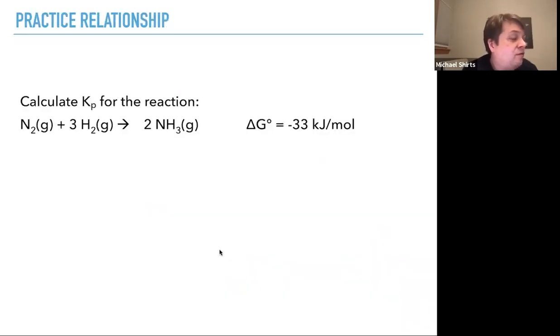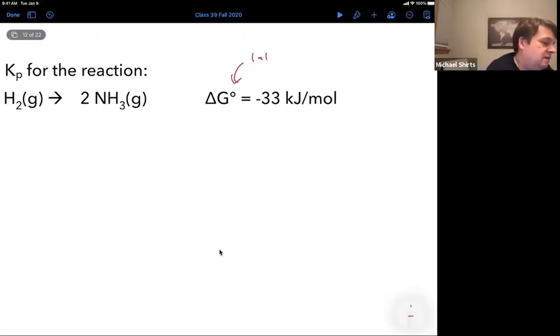Calculate Kp for this reaction. Okay, we're given a reaction and we're given a standard state free energy. Can we figure out what the Kp is, such that we can then plug in concentrations and solve for what equilibrium concentrations would be? So given the free energy, that's really the same thing as being given the Kp since they're all gases, 1 atmosphere standard state.